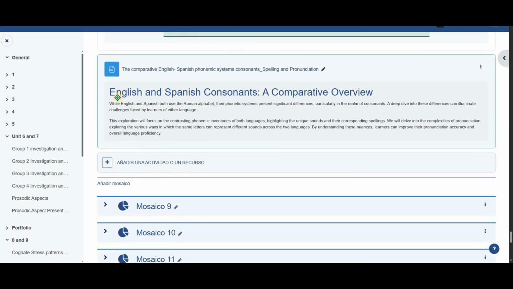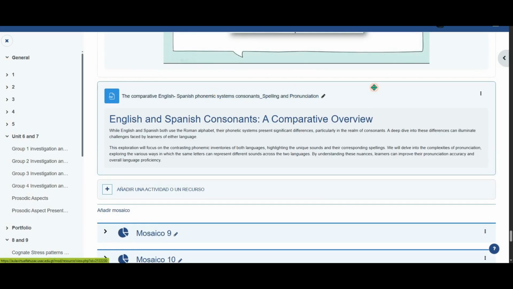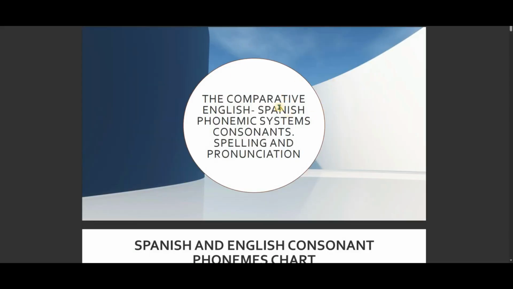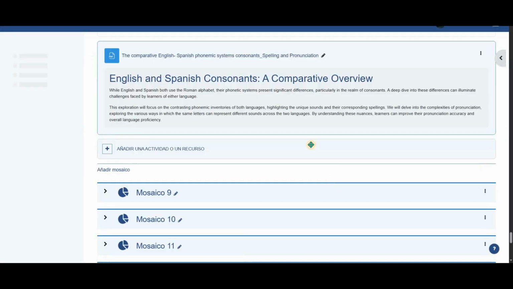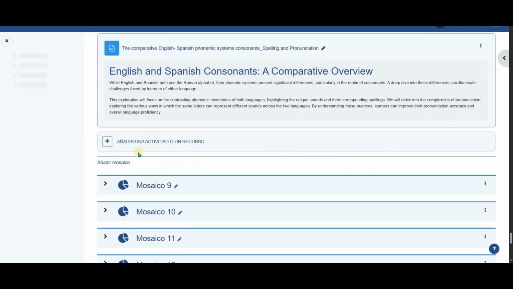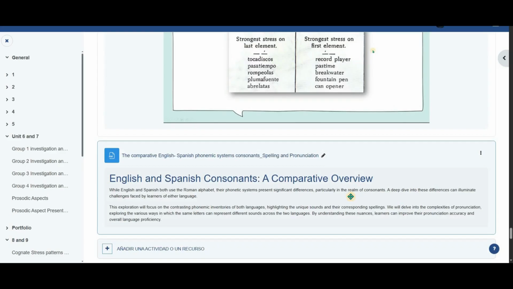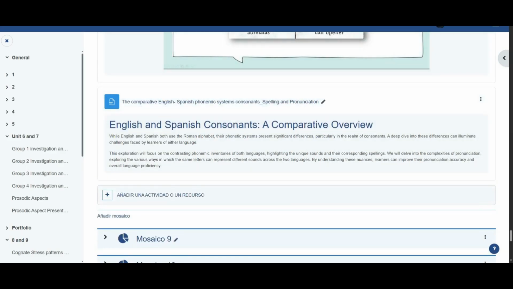Right here it says English and Spanish consonants, comparative overview, spelling and pronunciation. If you click right here, you will be able to find this presentation we'll be looking at right now, so you can take a look at it, and then I will be uploading the video as well.